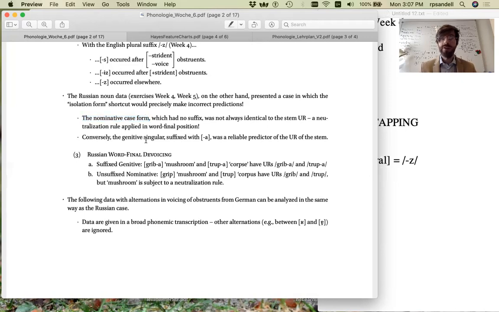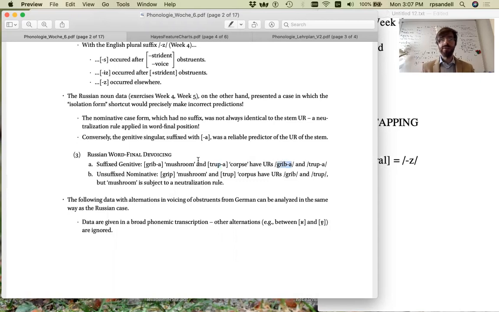And conversely, the genitive singular form, which bore a suffix a, we found was a reliable predictor of the underlying representation of the stem. Just to review that situation, the genitive singular has a suffix a. If we compare the words for mushroom and corpse, they have different obstruents differing in voicing before this suffix, griba and trupa.